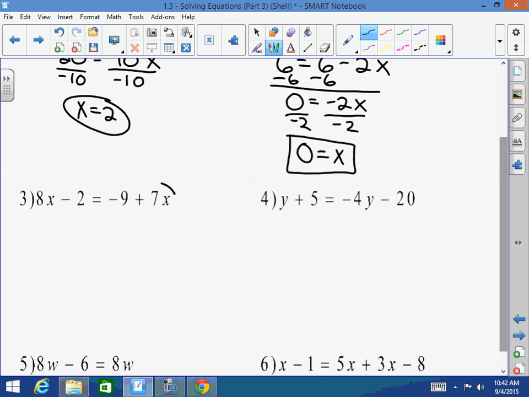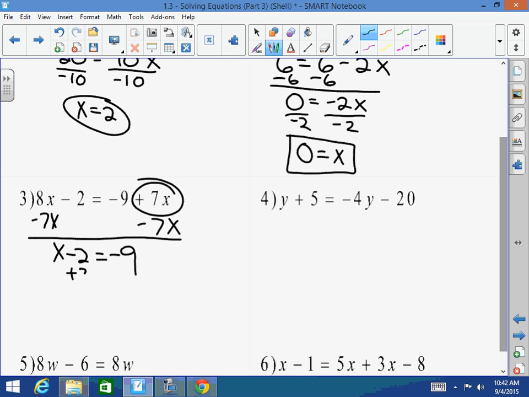How do I get that 7x over to the left? I subtract it because I always have to do opposite operations. Great job. So x minus 2 equals negative 9. And now again, I'm left with a one-stepper. How do I solve for x here, gentlemen? That's right. Add 2. You're done. X equals negative 7.